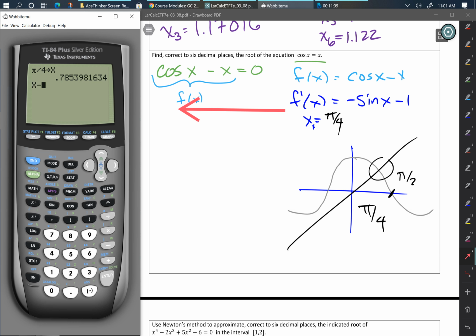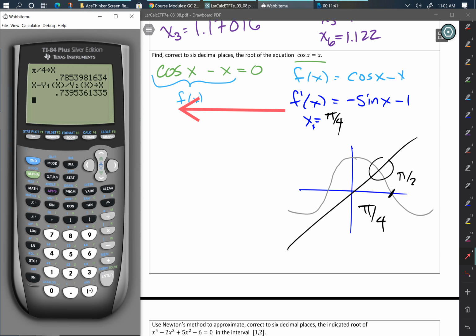Now, if you don't have an 84 updated and you need that y1, you can also get there by using the variables command key, over to y variables, option 1 is function. There's y1 of x divided by variables, y variables, function, y2 of x, and store that back into x.